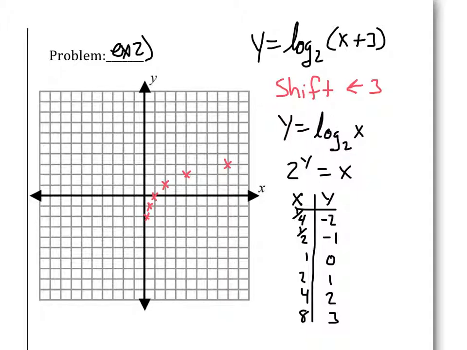Now, by shifting left 3, is that going to change our asymptote? Yes. Absolutely. Because our asymptote is vertical, left and right shift moves it. So moving to the left 3, we have our asymptote going here.